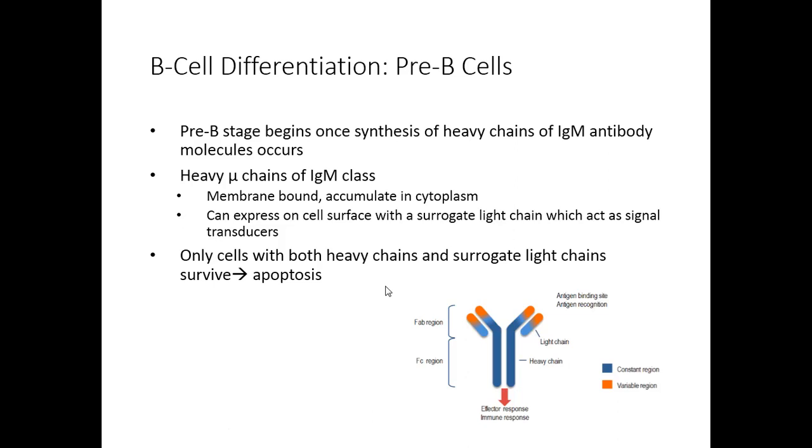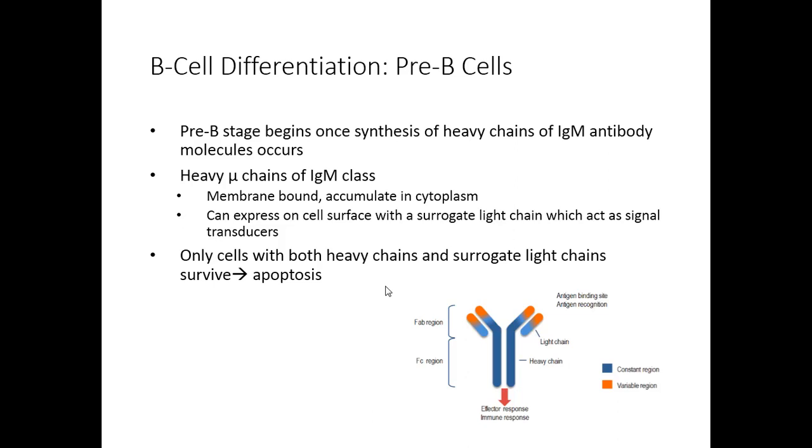If pre-B cells survive with a pre-B cell receptor, then those pre-B cells start to clone themselves. And that cloning process is called clonal expansion. So we're just going to start cloning cells as we go forward.